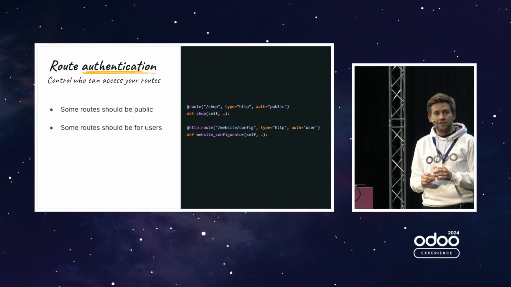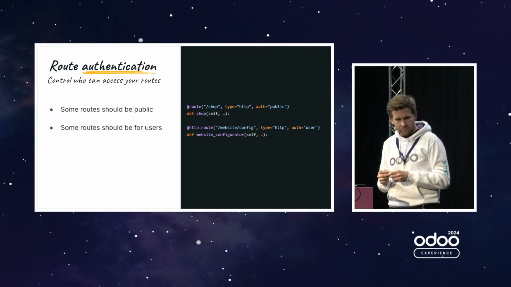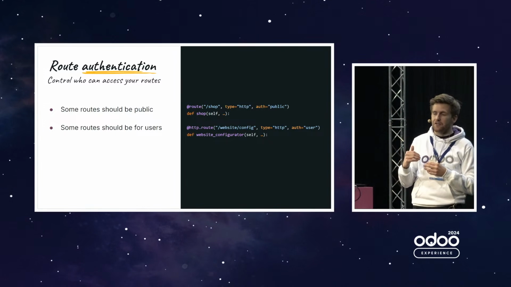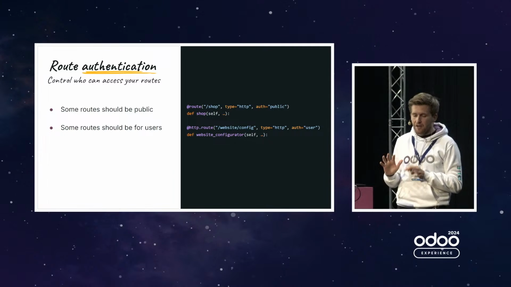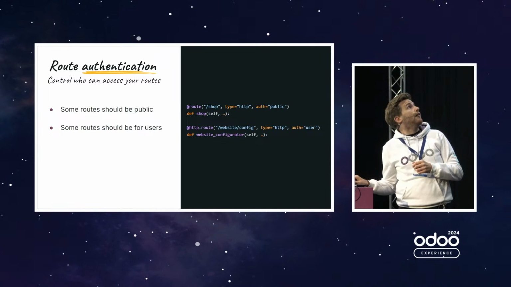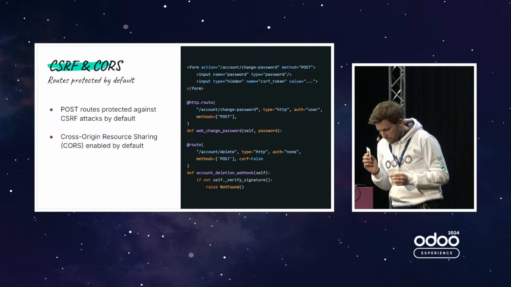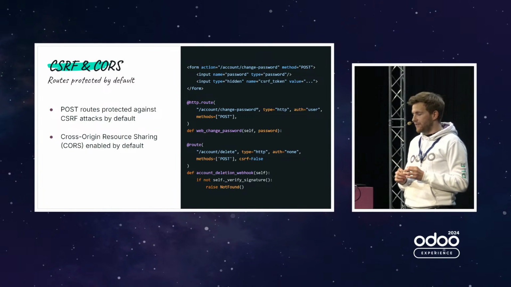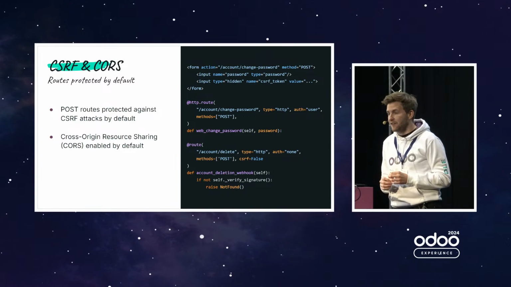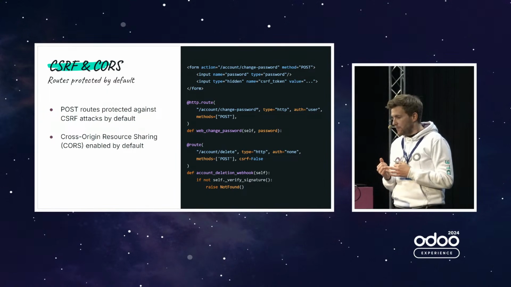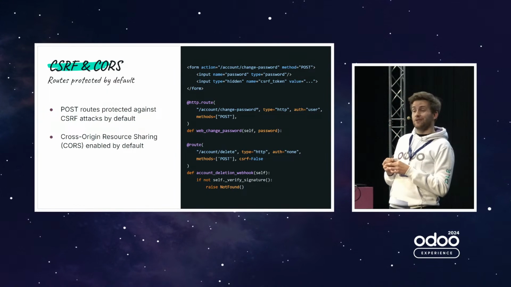Route authentication. So when you are building a route, you have the choice to make it public or for user. There is also a third one which is none, but basically it's when you do not need sessions. I will go quickly on this one. This is very technical, but on the route, there is a protection against CSRF attacks and CORS. By default, you can disable them, but in 99% of the cases, you shouldn't disable them.